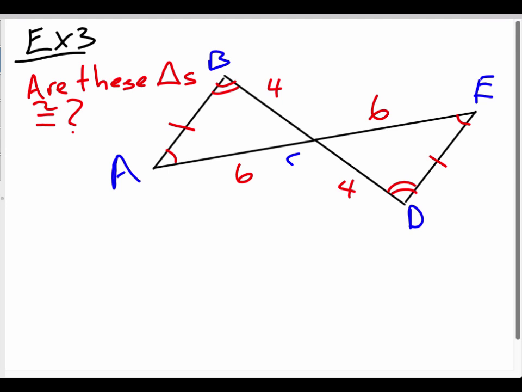Well, let's see. So in order to prove that the triangles are congruent, what do we need to prove? That their corresponding parts are congruent. So we need to prove that side lengths are the same length and that the angles are the same, based on the figure that they've given us.